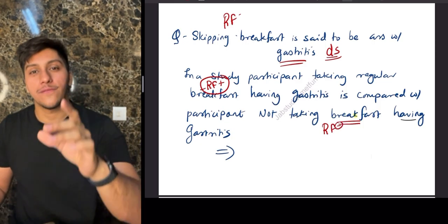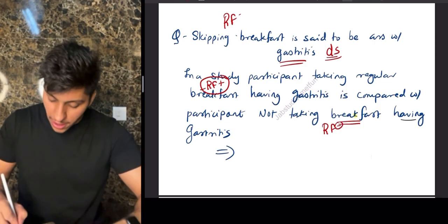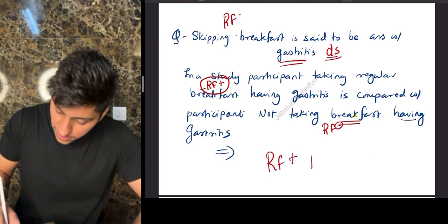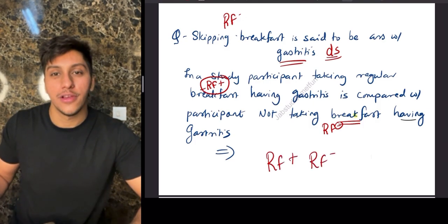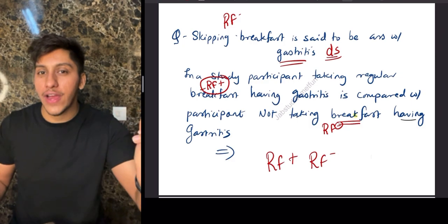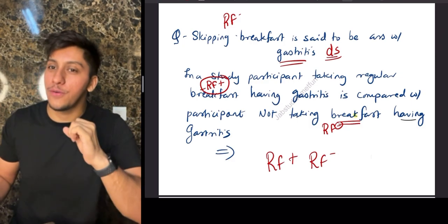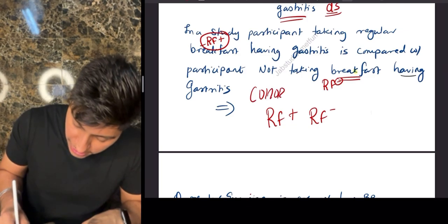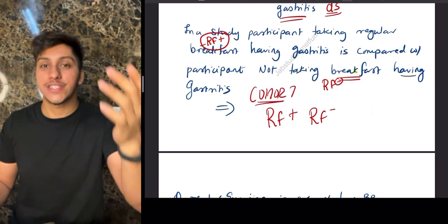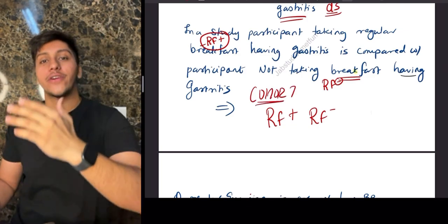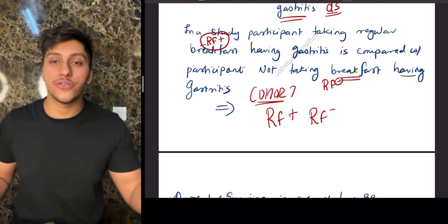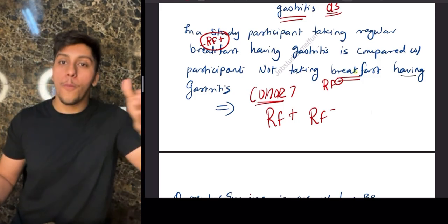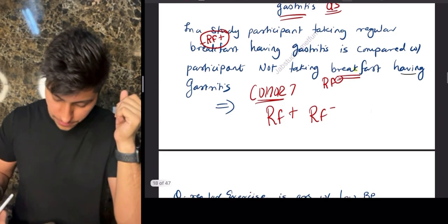So we are starting with risk factor positive and then risk factor negative. What will be your answer? Correct. It is going to be a cohort study. In a cohort study, we start with the risk factor and then we find out the disease, whereas in case control, you start with the disease and then you go back to find the risk factor.